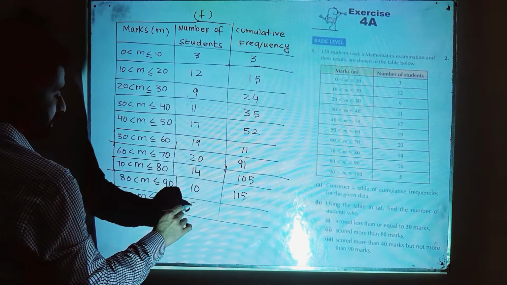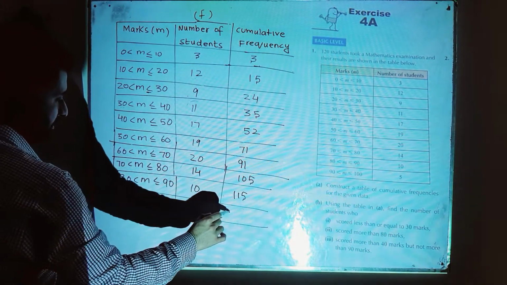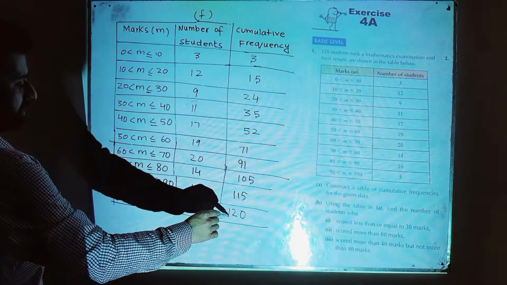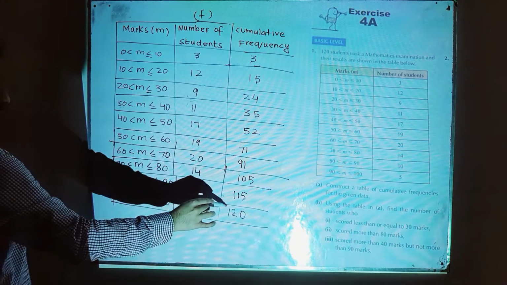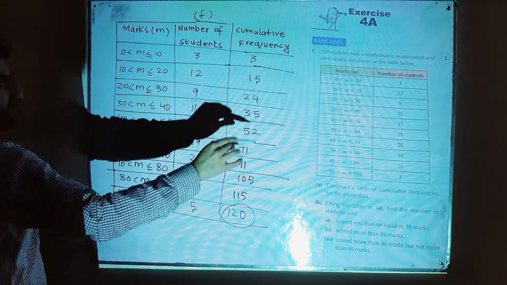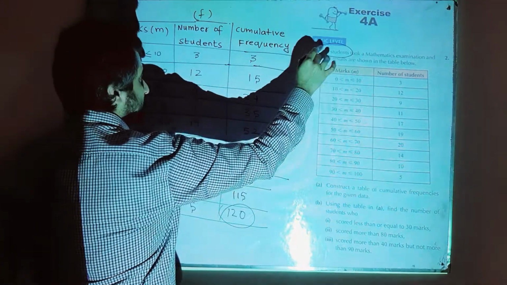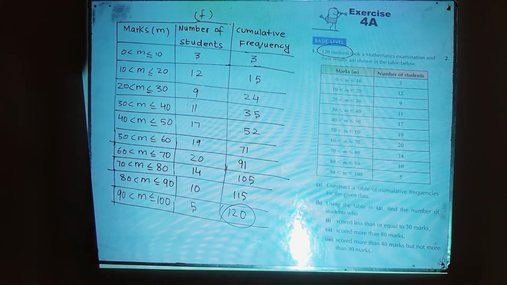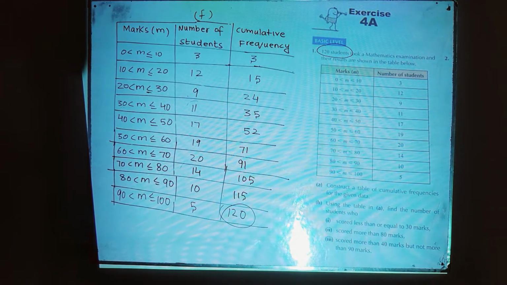The frequency for this one is 5. 115 plus 5 is 120, and you can verify that if your cumulative frequency ends up at 120, that is your total number of students, that means you have done it properly. Now this is the cumulative frequency table.